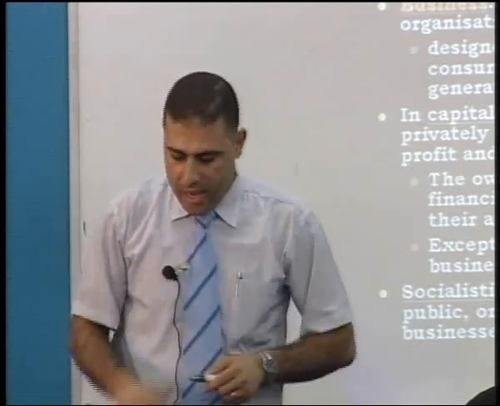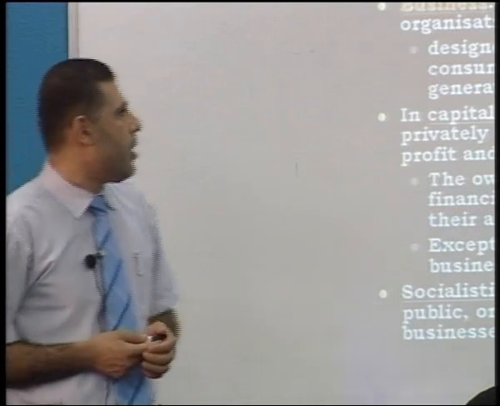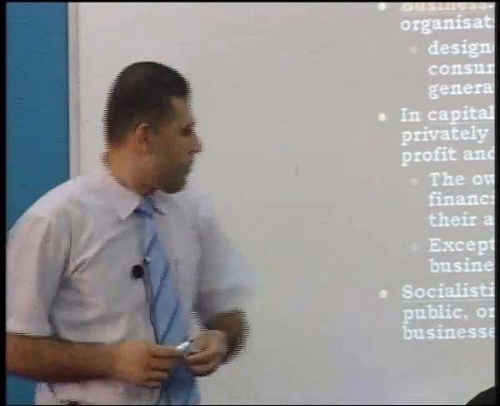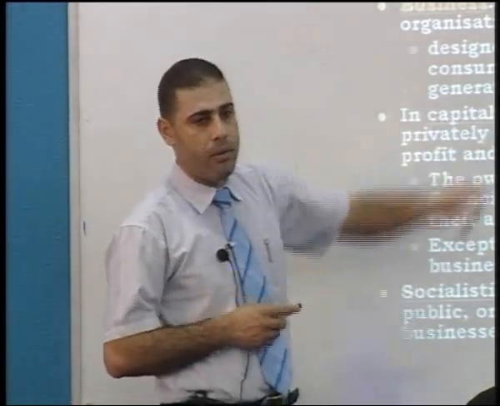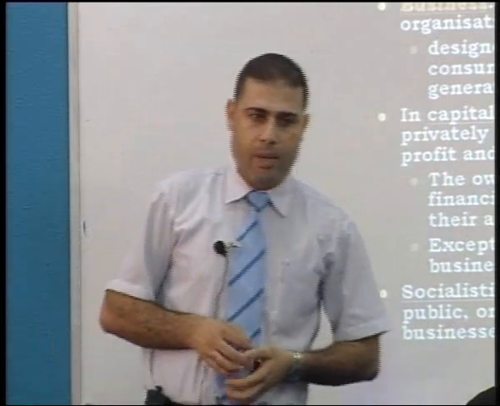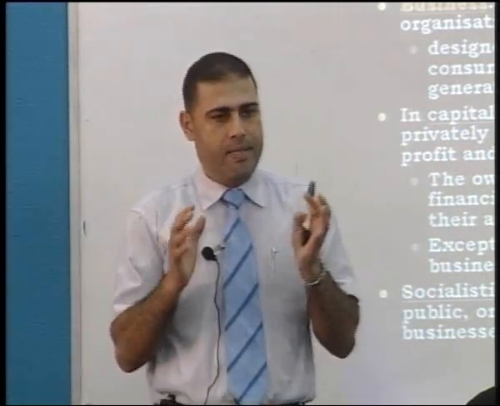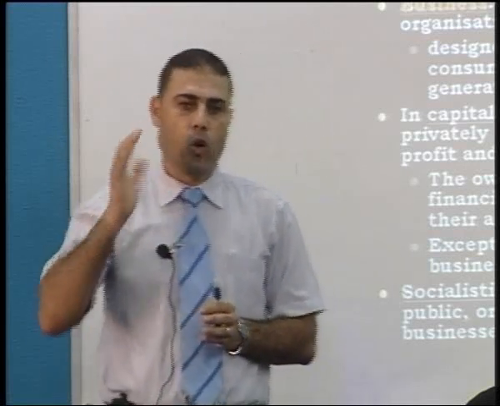So, business in economics is a legally recognized organizational entity. It's an entity which can sometimes be called a firm. Firm means company. And this business entity is designed for one main goal.